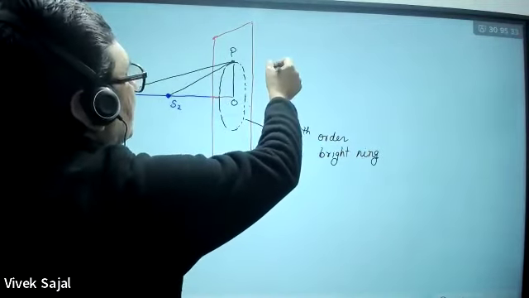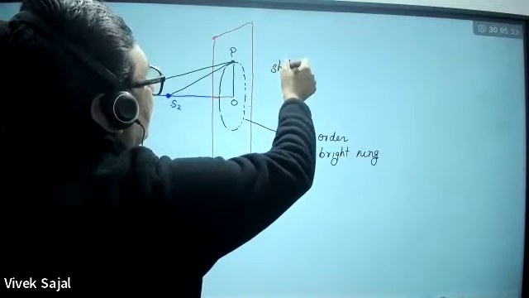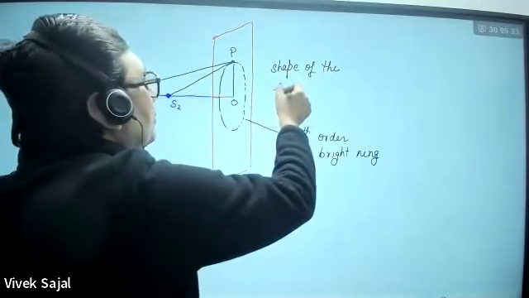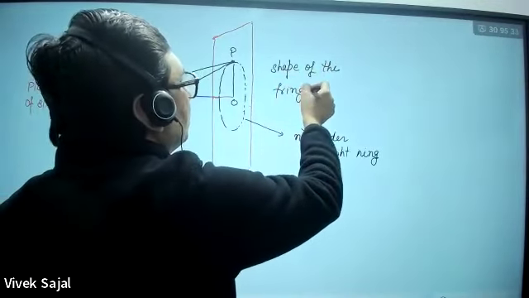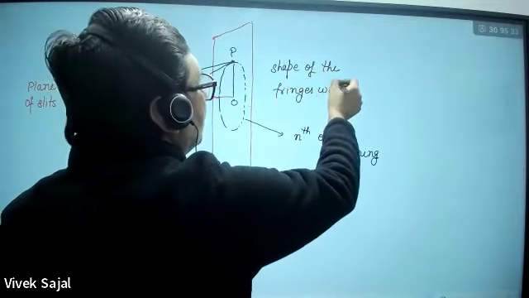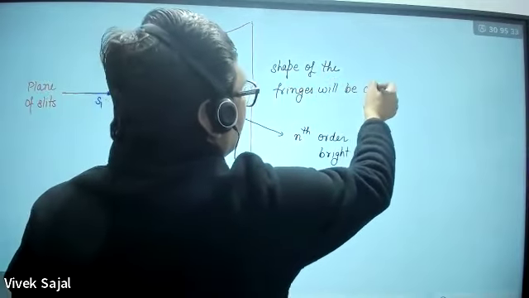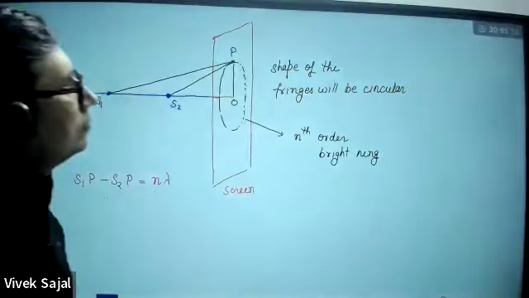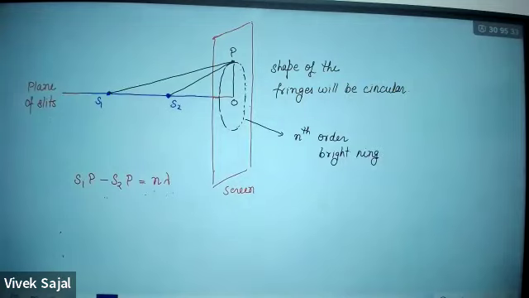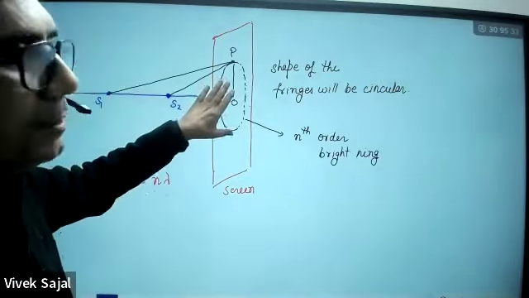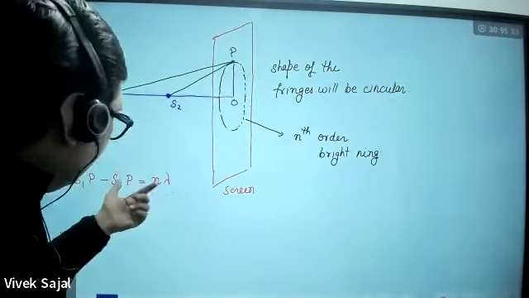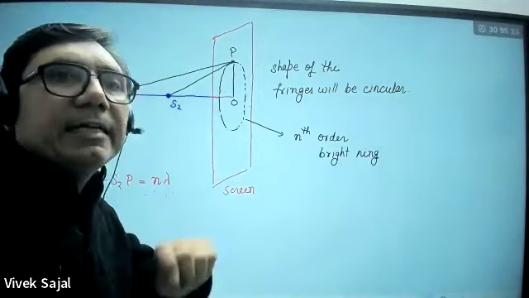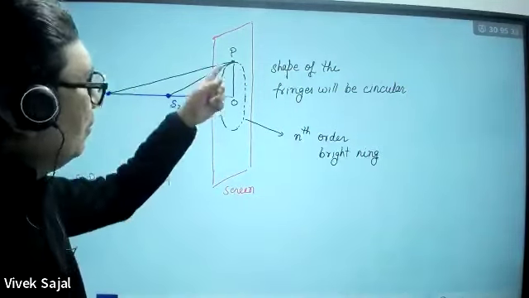Here the shape of the fringes will be circular. This will be the shape of the fringes. So basically every point on this screen which is satisfying this condition will be the locus of nth maxima. So it will be a circle.